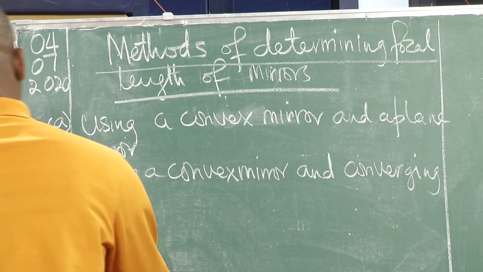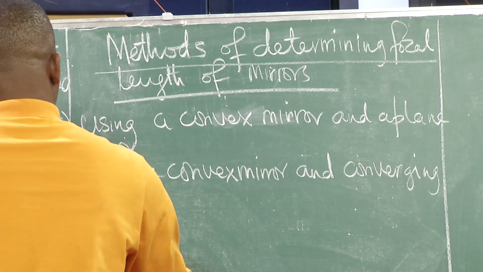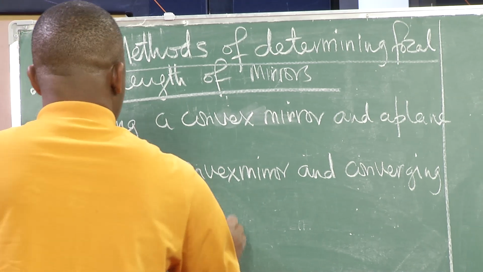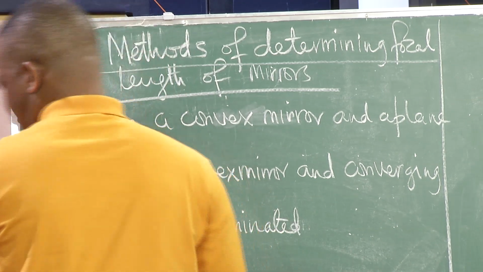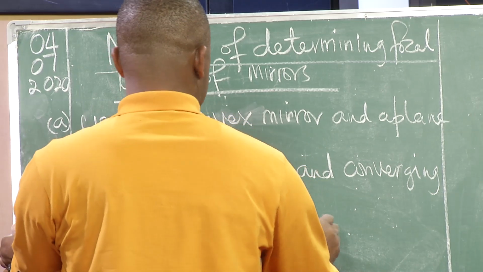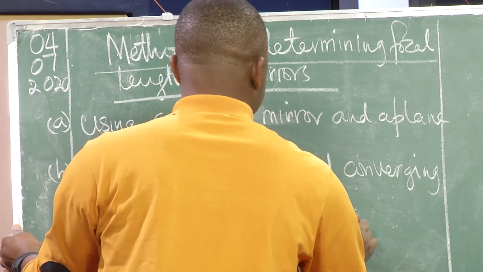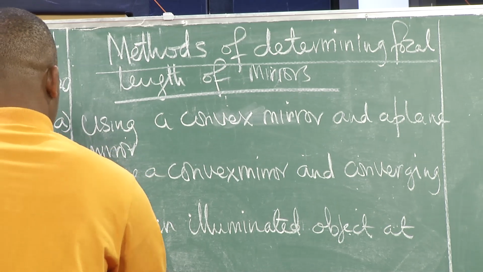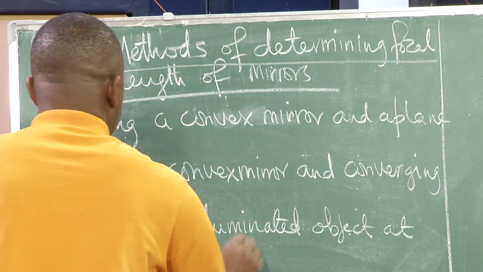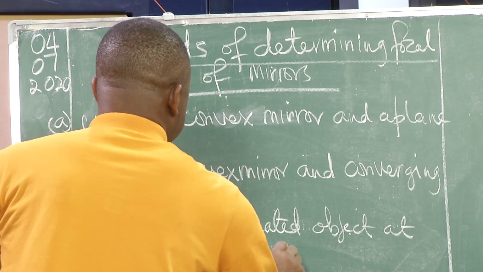The other method is using an illuminated object that is placed at the center of curvature.